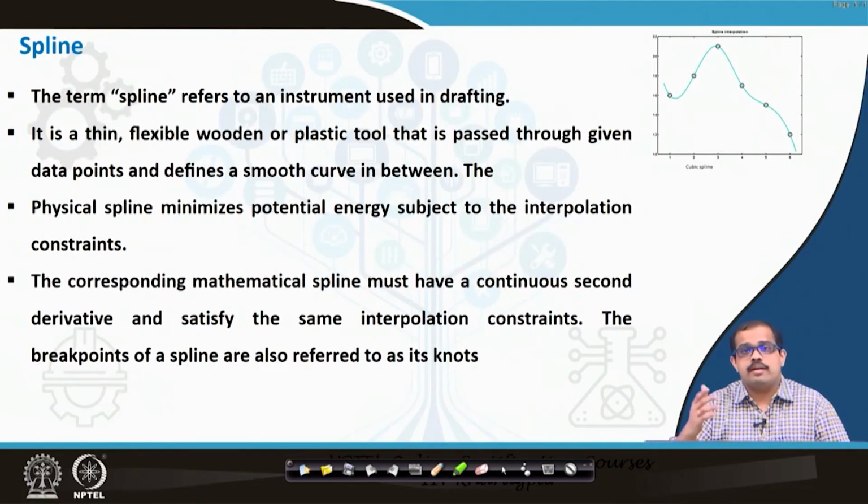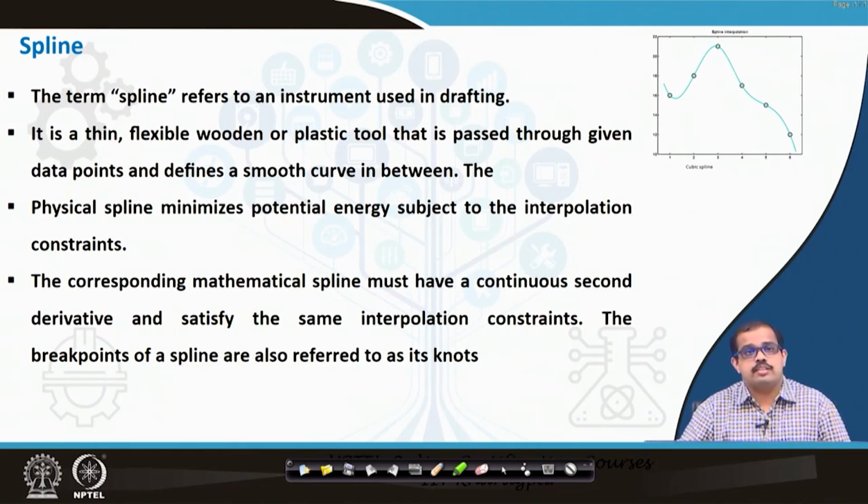Then there is something called spline interpolation. It refers to an instrument used normally in drafting. Many of the planners use spline interpolation, which is most probably the standard for planning activities. It is a thin flexible wooden or plastic tool that is passed through given data points and defines a smooth curve between them.